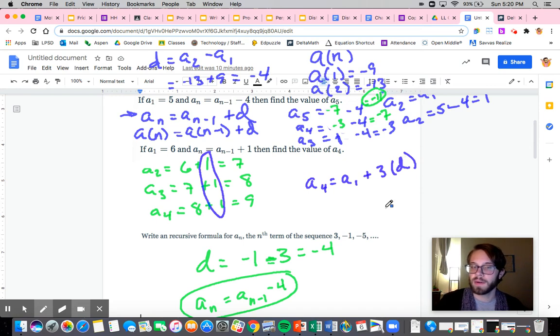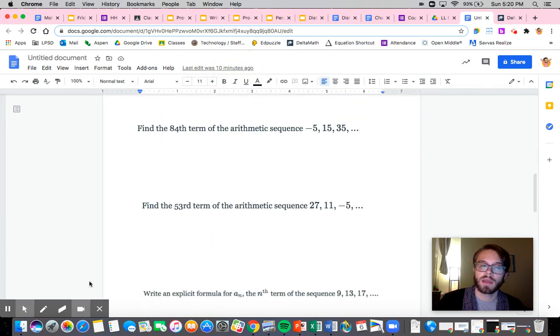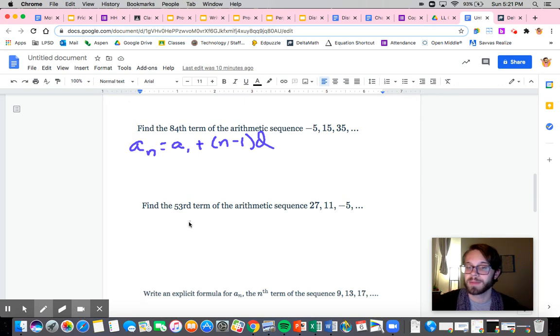So from that thought process, the explicit formula that you can use in general for an arithmetic sequence is that an is going to be equal to the first term plus n minus 1 times the difference, right?